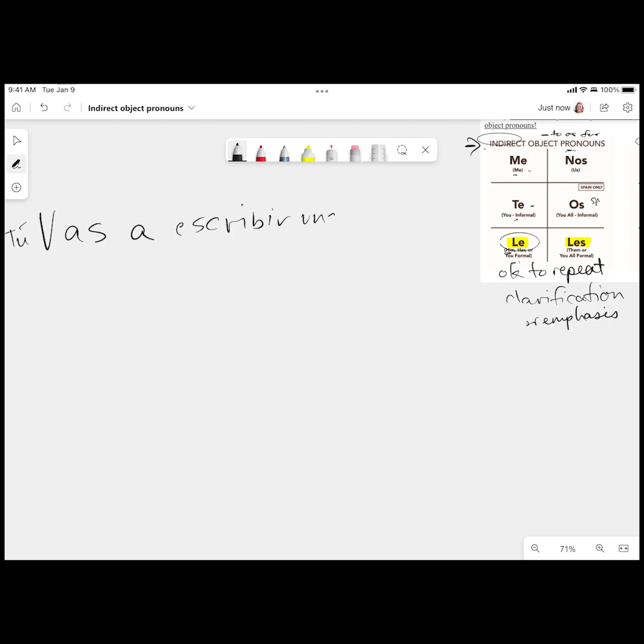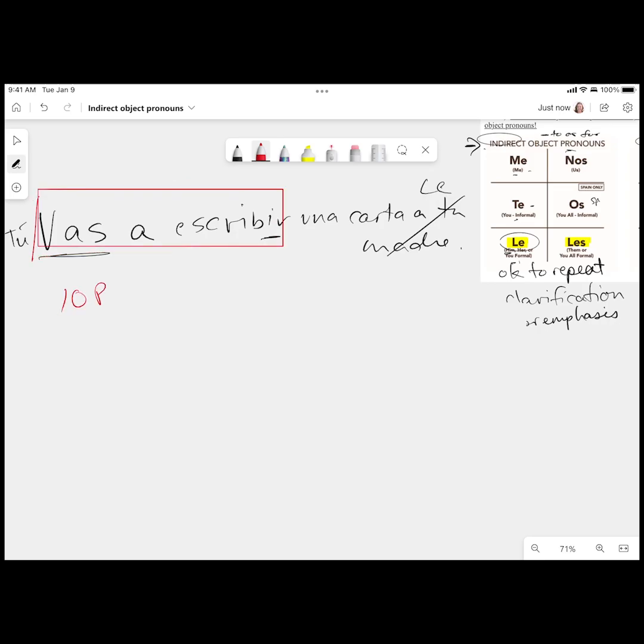Okay, let's take a look at this time. We're going to change it into an infinitive structure. So it says "vas a escribir." You are going to write a letter to your mother. We have the ir plus a plus infinitive structure here. So you can see that this whole thing is a verb clause.